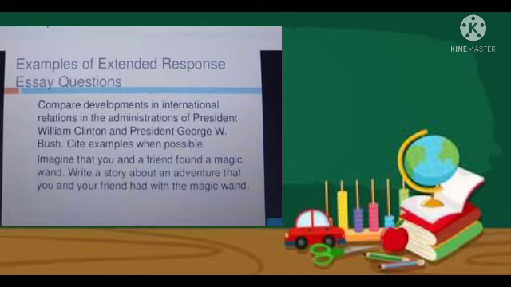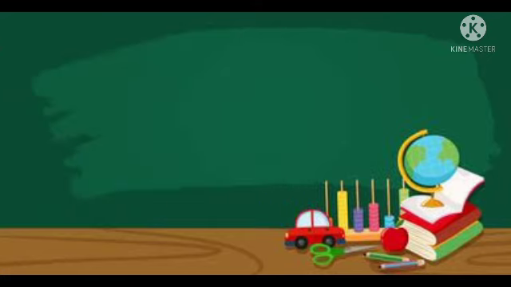First, compare developments in international relations in the administrations of President William Clinton and President George W. Bush. Cite examples when possible. Next one: imagine that you and a friend found a magic wand. Write a story about an adventure that you and your friend had with the magic wand.